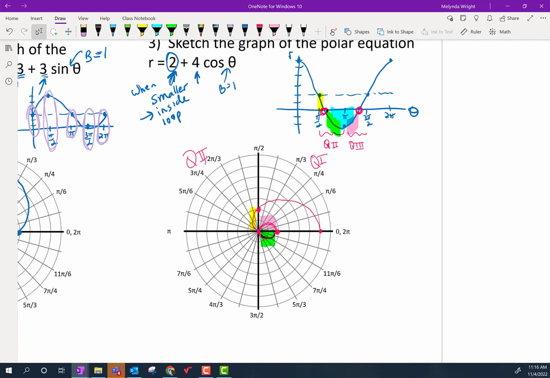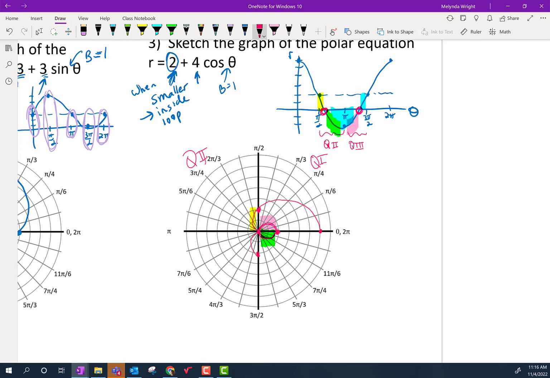Okay. Now we're back into regular stuff. So we'll go with blue. So right here, this piece right here, I'm still in quadrant 3. So this is where I go to 2 in quadrant 3, right here.